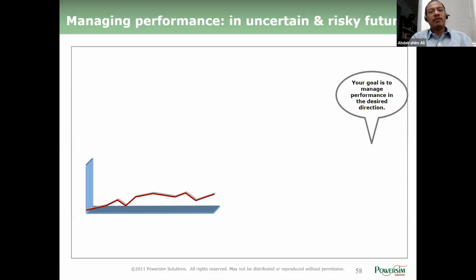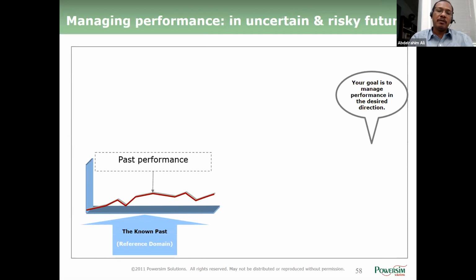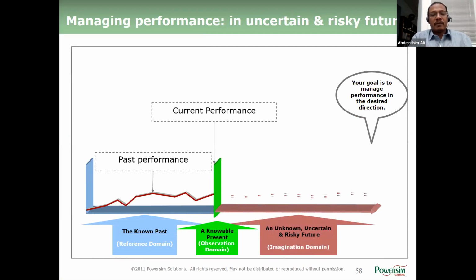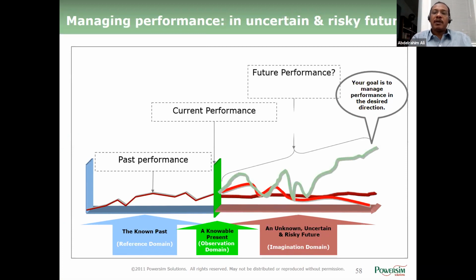You can also use it for the management of performance, because in performance management, you rely on the history, the past, what we know, and then you have the current performance, how people are doing now, and then you would like to look at the future. You have your goals, but usually you are uncertain about what to do and what will work in the future.